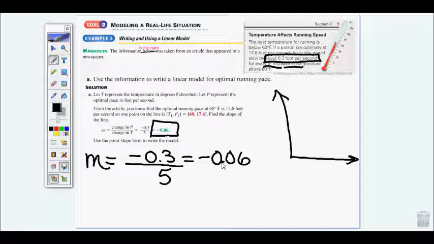Now we have to find an x and a y. To find the x and the y, it told me that I would do 17.6 feet per second. Is that going to be my x or my y? If I was going to label this, which side would be feet and which side would be seconds?